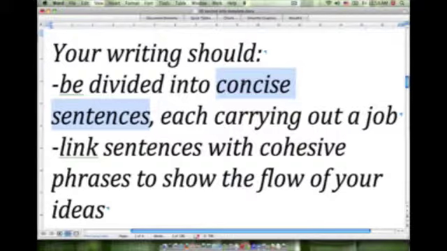Often students feel that if they write long, elaborate sentences and if they use complicated wording patterns and complicated vocabulary, that somehow this is going to get them a 7 or an 8 on their examination. Often this is not the case, and I'll tell you why. Students that write long sentences that are very elaborate and use vocabulary that perhaps they don't fully understand tend to be full of grammatical errors.